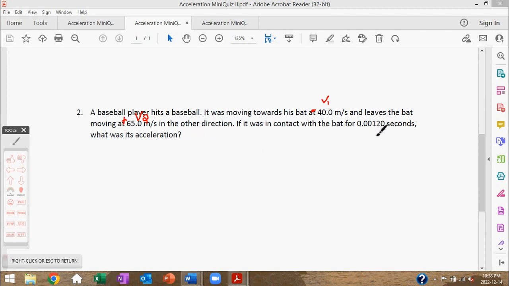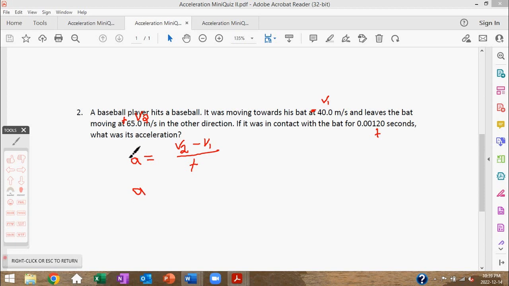So this is a positive number. This is our time. It is obviously positive, and it's also scalar. And we want to know acceleration. So in this case, the formula is nice. It doesn't have to get reorganized. V2 minus V1, all divided by time. We have to just be a little bit careful here.